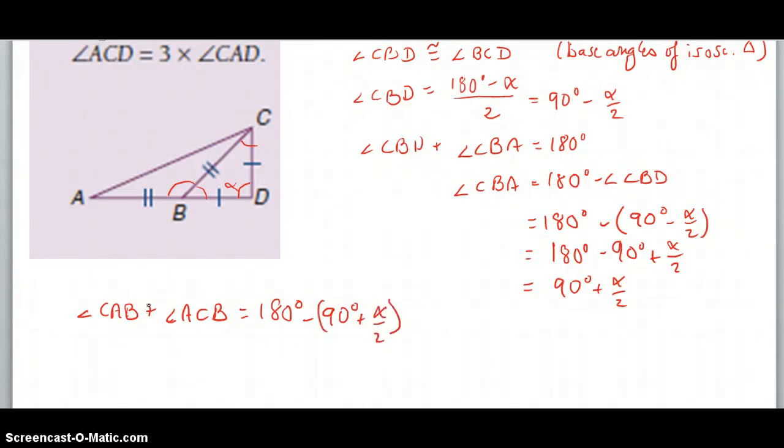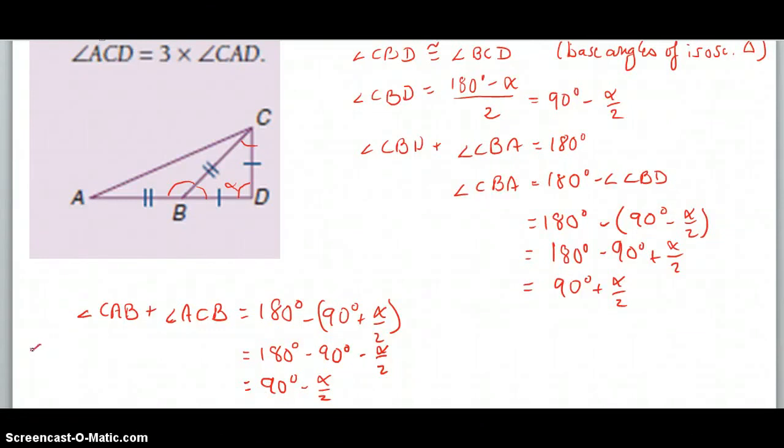I must put that in brackets here. I'm subtracting this angle from 180 degrees. So let's rewrite it without brackets: 180 degrees minus 90 degrees minus alpha halves. I will now simplify, and I get 90 degrees minus alpha halves. So that's the size of these two angles together. If I just want one angle, I need to divide this by 2.